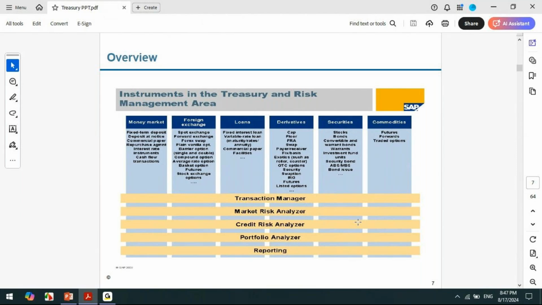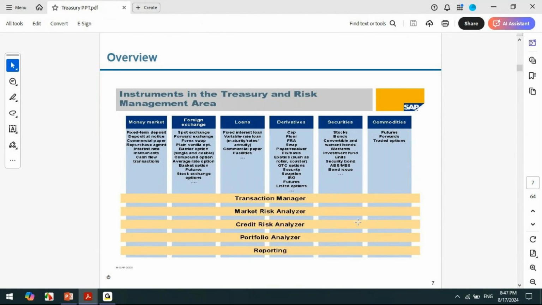When you're talking about treasury management, we basically talk about the various financial instruments associated with the treasury. So what are the financial instruments? SAP has grouped those financial instruments under various product groups. What are those product groups?